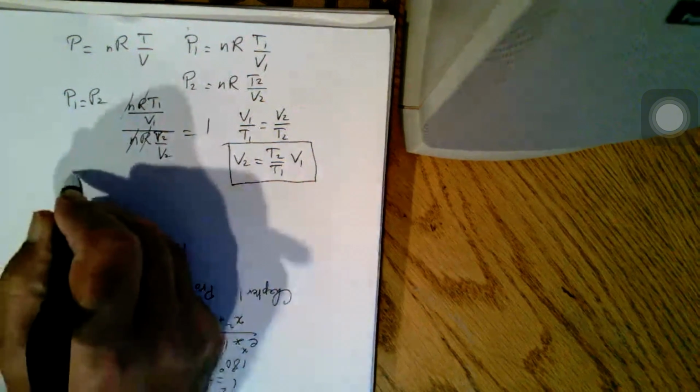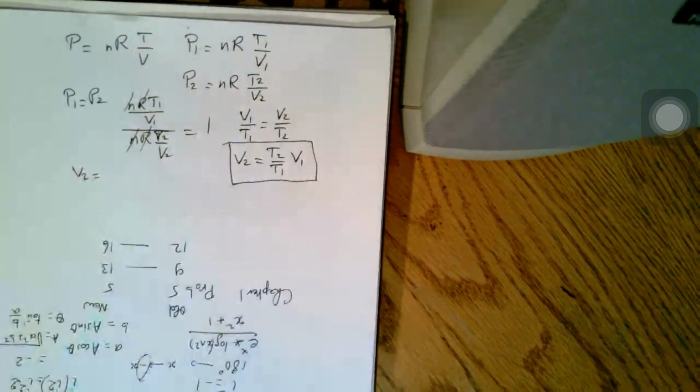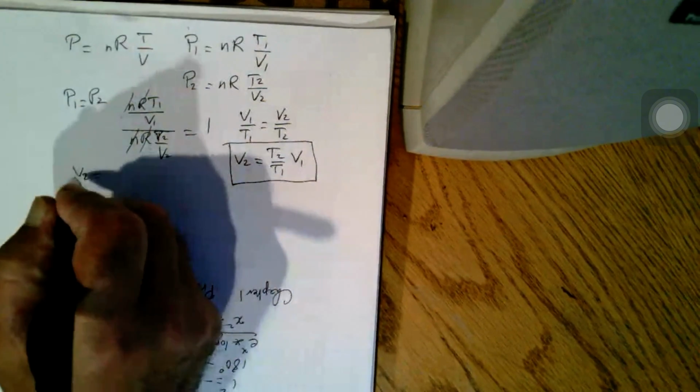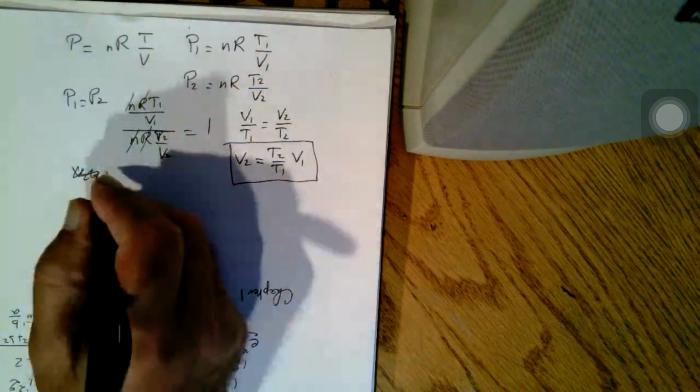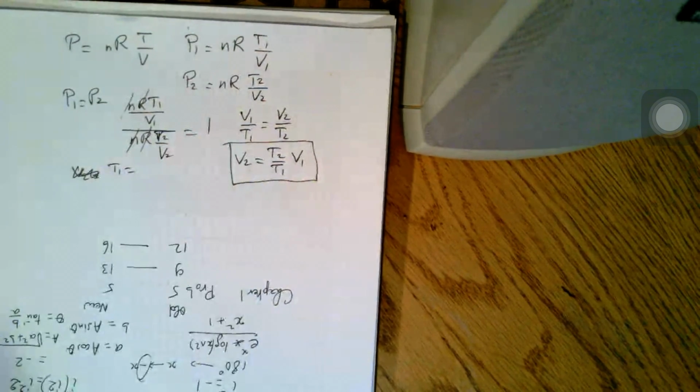So in this case, for example, I will write V2 equals, and let's say in the data, I could do it two ways. I could write the degrees centigrade first and then make it Kelvin in the expression, or in the way I present the data, I will also introduce the degrees Kelvin right away. So for example, T1 equals, and in this case it's negative 15 degrees centigrade.